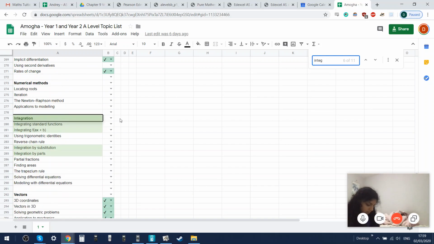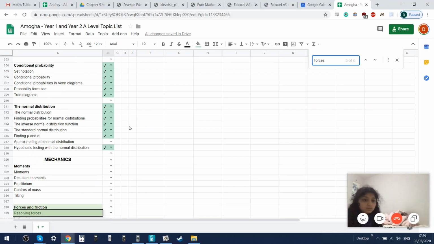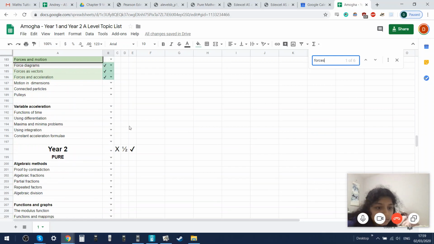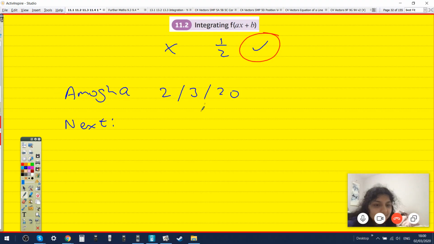Let's see, we might have. I doubt we did all of it though. Forces and friction, yes. Forces and motion, so we didn't do in two dimensions, connected particles, pulleys. I want to do this. Okay. Forces and motion, second half.